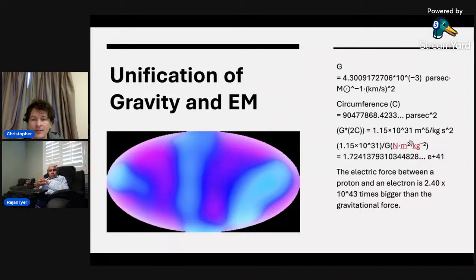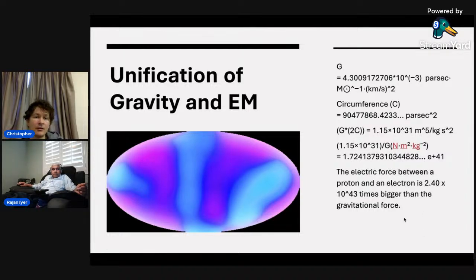So this number here represents the universal force for gravity, which is obviously a good bit bigger because it's 10 to the 31. It's also interesting that it's meters to the 5th, so it's something to look into.